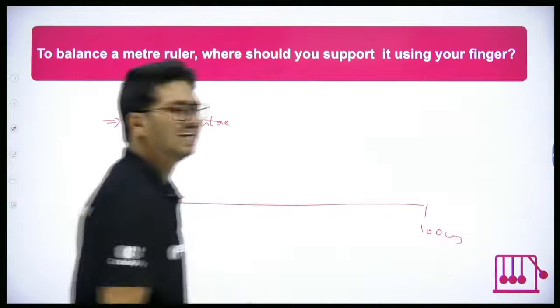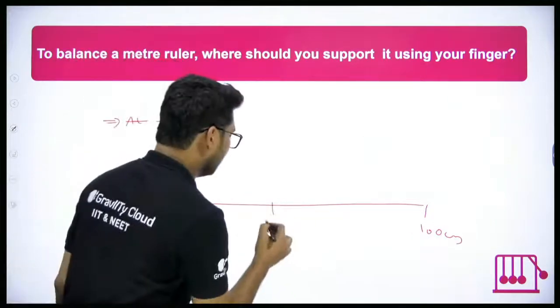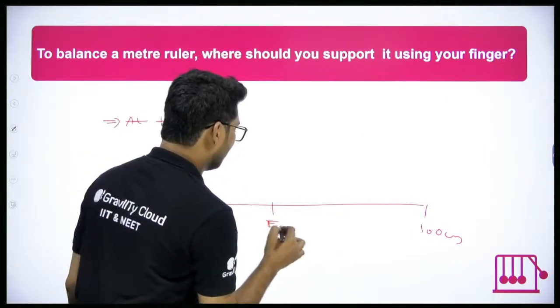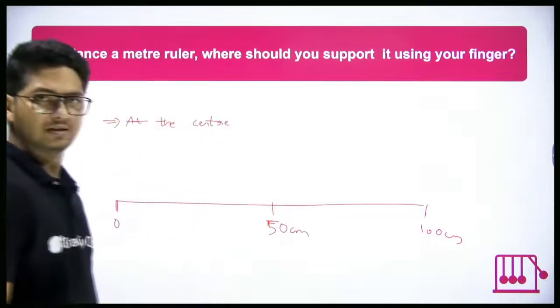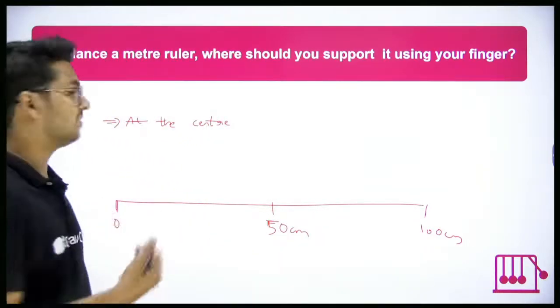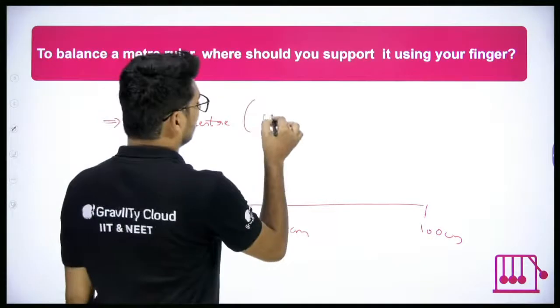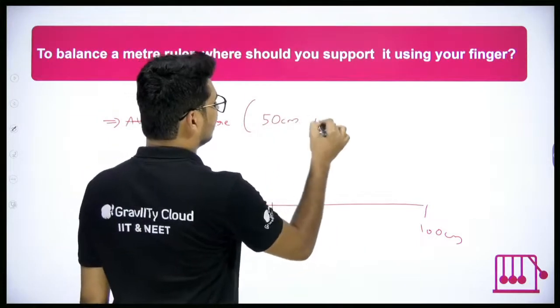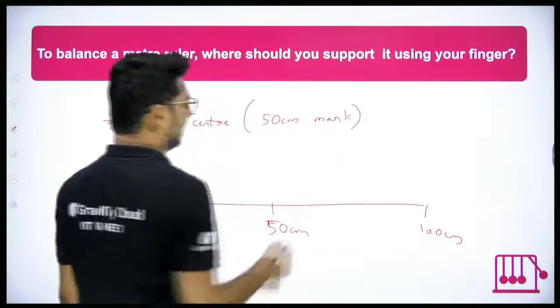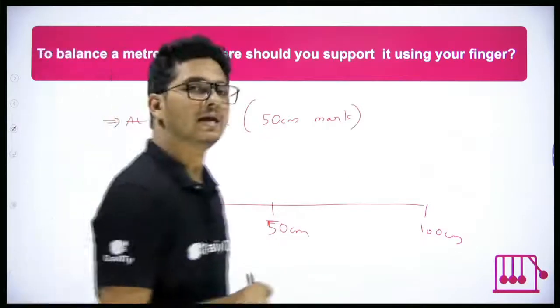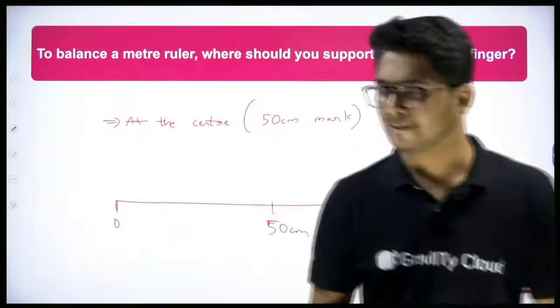So what is the center? The center would be at the 50 centimeter mark. Between 0 and 100, the center is 50 centimeters. So if you place your finger at the center, near the 50 centimeter mark, you will be able to balance the scale.